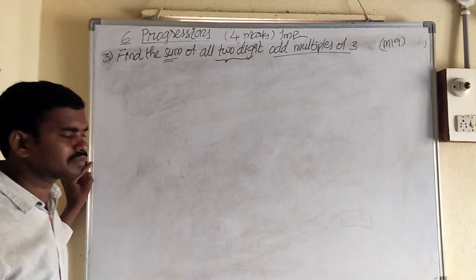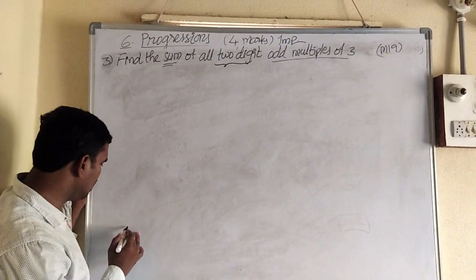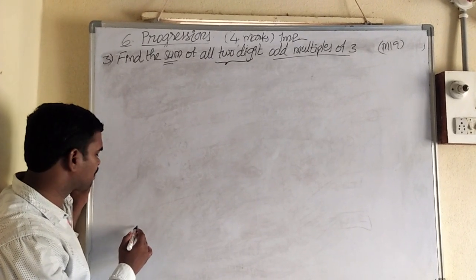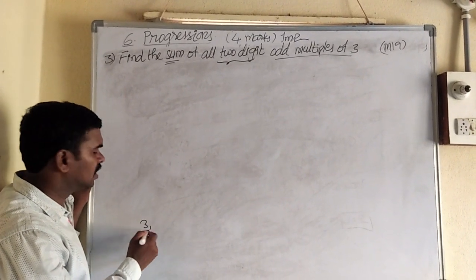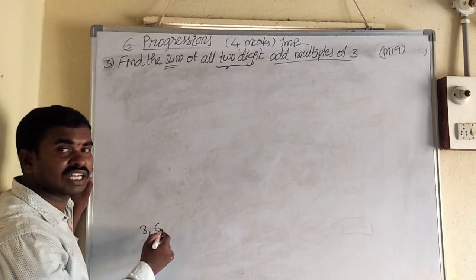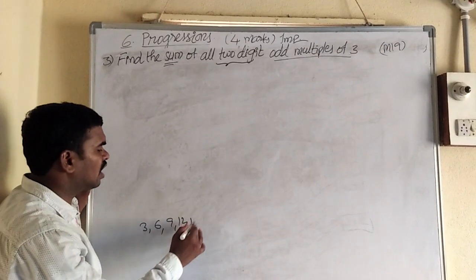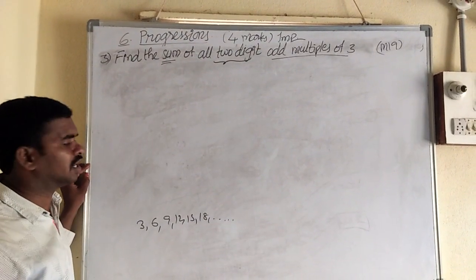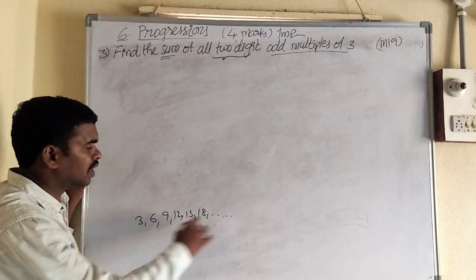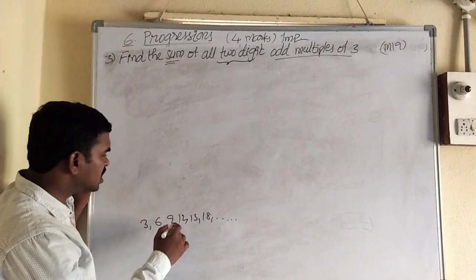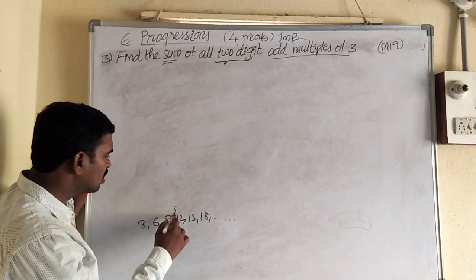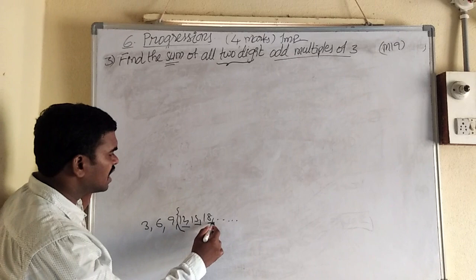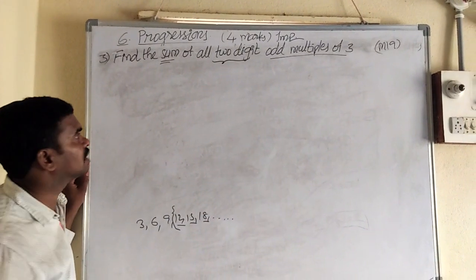Odd multiples of 3. What are the multiples of 3 generally? Multiples of 3. 3 ones are 3, 3 twos are 6, 3 threes are 9. So 12, 15, 18, and so on. These are the odd multiples. Sorry, these are the multiples of 3. Okay. In this, what are the 2-digit numbers? 12, 15, 18, and so on are 2-digit numbers.